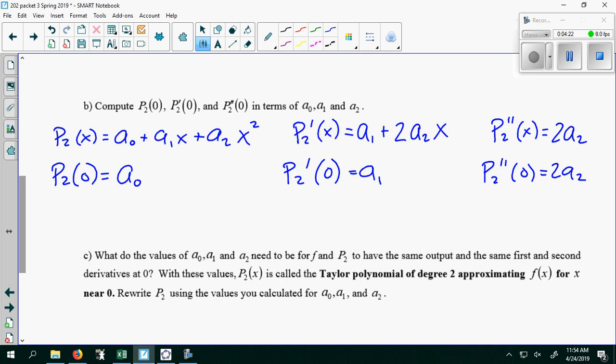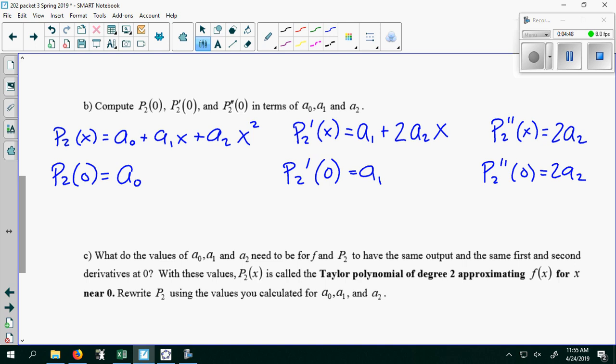Okay, part C says, what do the values of a0, a1, and a2 need to be for f and P2 to have the same output and the same first and second derivatives at 0? If P2 of x is going to impersonate f, when we're near 0, we want them to have the same y value, the same first derivative, and the same second derivative at 0.